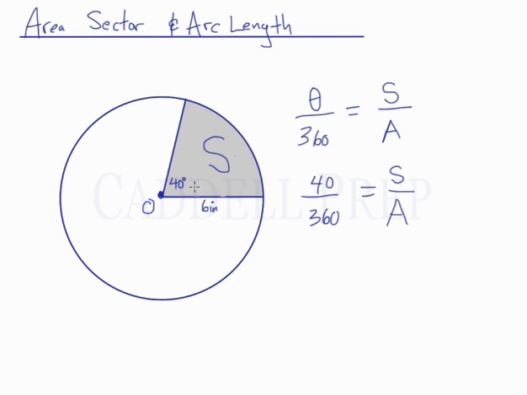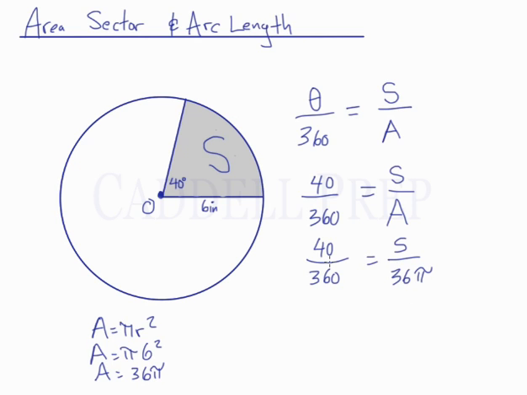So in order to calculate S, we have to find the total area first. So area of a circle is pi r squared. Area equals pi 6 squared. So area equals 36 pi. So we have 40 over 360 equals S over 36 pi.